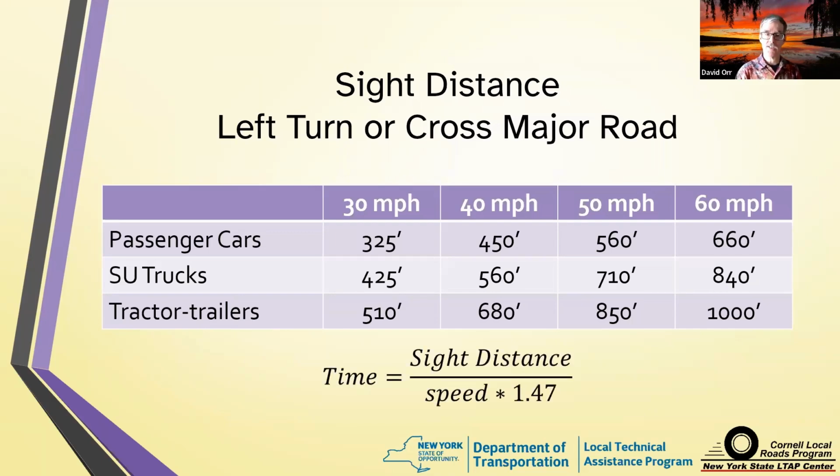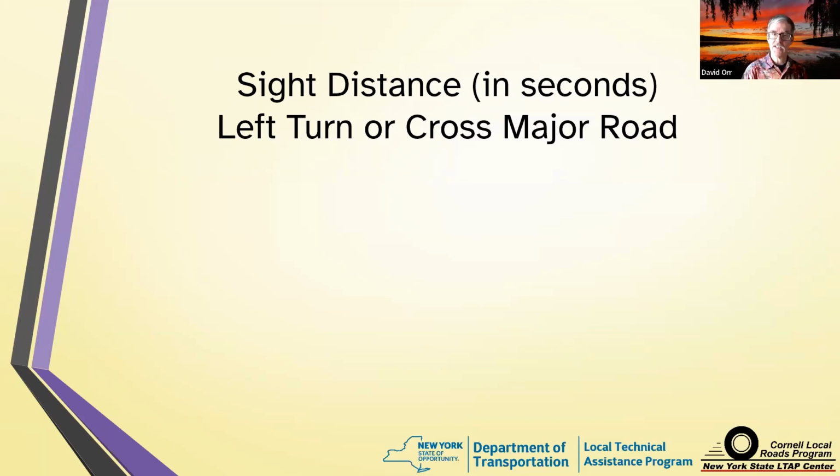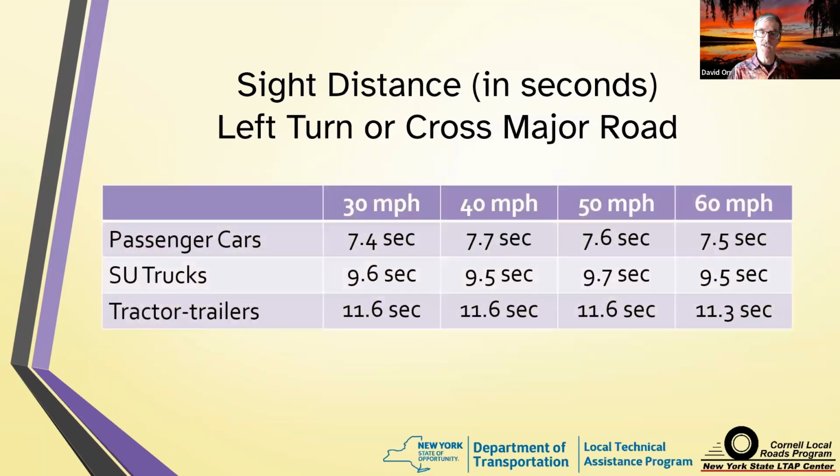Time is the sight distance that they need divided by the speed times a conversion factor, 1.47, or 1.5 if you really want to do the math. So now let's look at the sight distance in seconds. For passenger cars, it's a little over 7 seconds, 7.4 to 7.5 seconds.